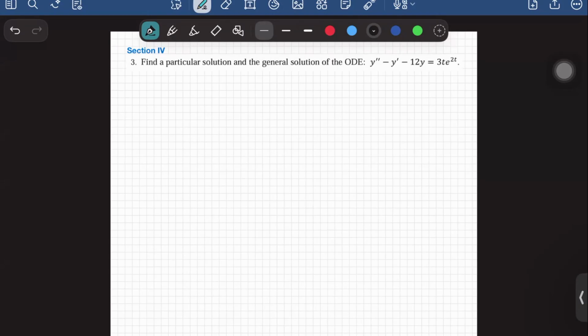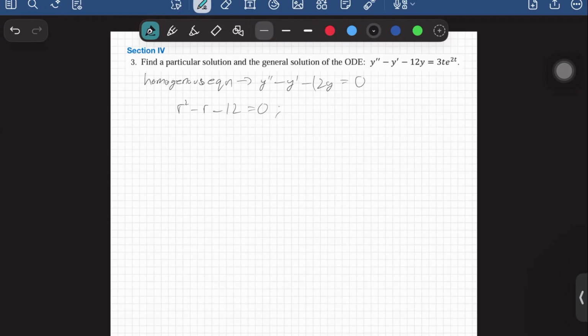For the homogeneous equation, this gives us y double prime minus y prime minus 12y equals 0, right? We'll do what we did last time, and replace y double prime by r squared. That makes it easier because we have a quadratic form that we can solve pretty easily. So that's r squared minus r minus 12 equals 0.